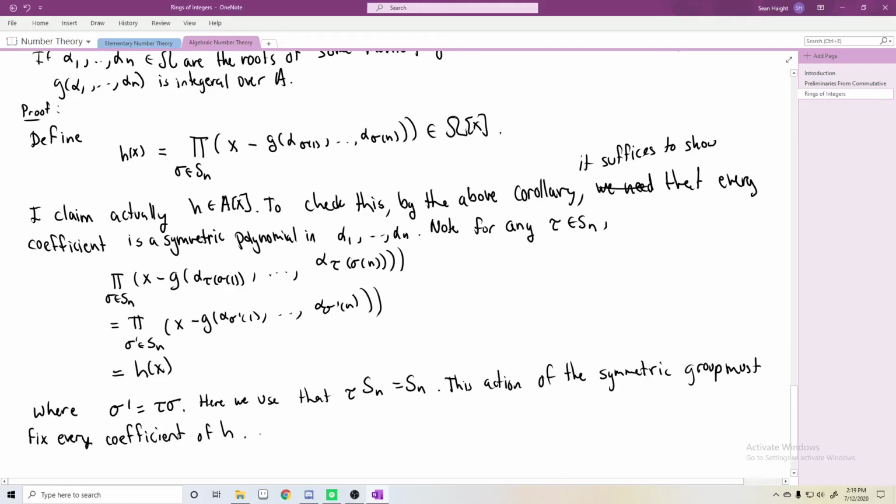In particular, the coefficients of h must be symmetric polynomials in the roots alpha 1 through alpha n.